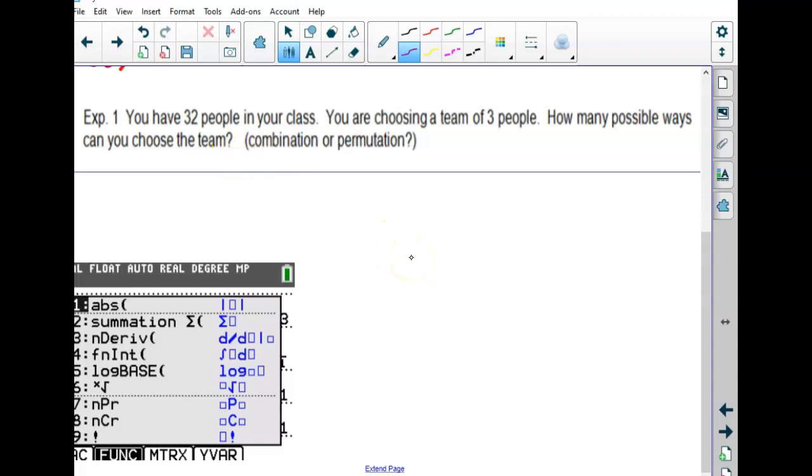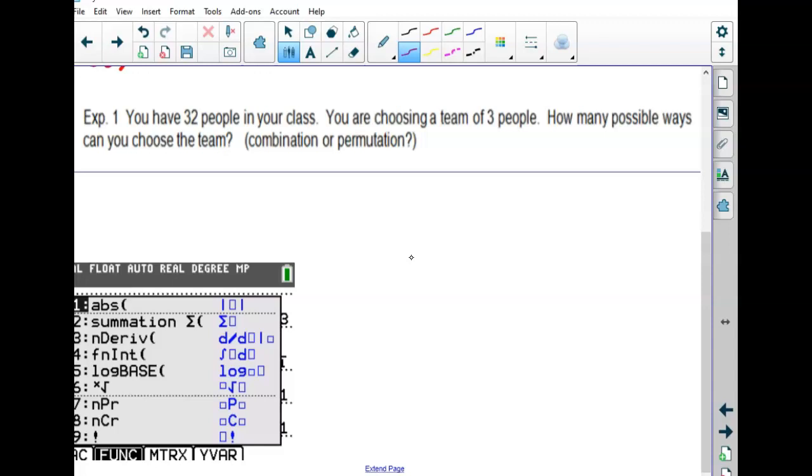I know it feels like the order matters when you're picking for a team. Okay. But if it's a group of people, does it really matter how you were put on the team? Do I want to count A, B, C, B, A, C, C, A, B all different?